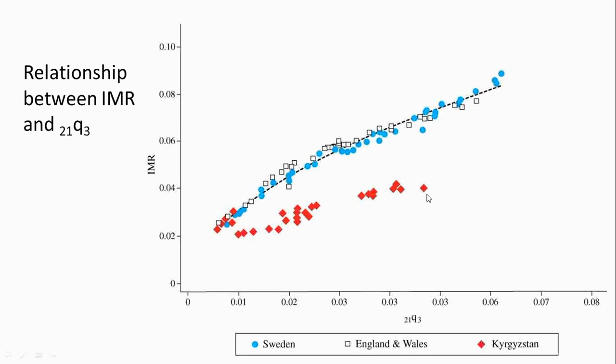You have the red dots for Kyrgyzstan here that are too low, and then this is exactly what happened. This point here is when the relationship changes once the new standard, the WHO international standard, is adopted, and that basically brings the red dots, the observed dots for Kyrgyzstan, into alignment with the standard for Sweden and Wales, which also supports the idea that whatever gap was occurring before was due to the issue of definition.